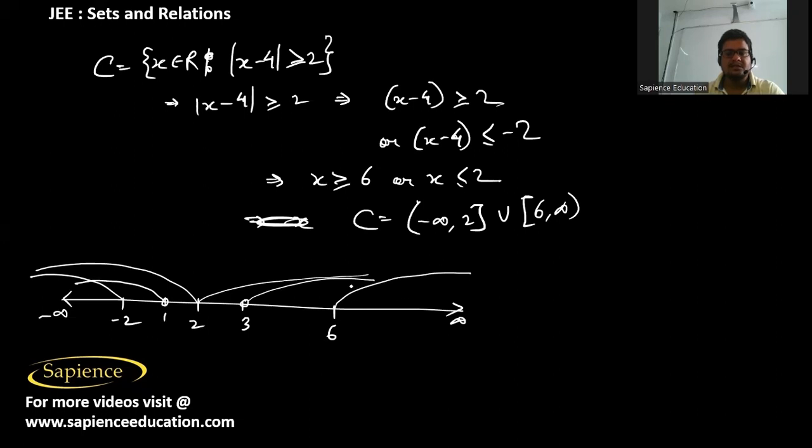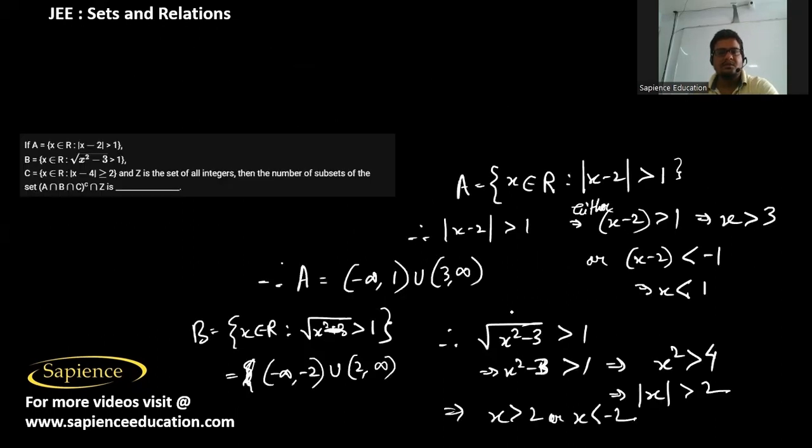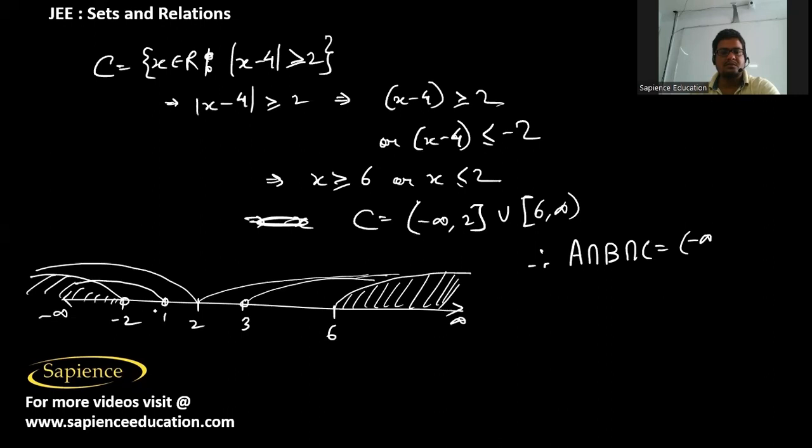So it means the intersection part of all the three sets is this region and this region. Therefore A intersection B intersection C is nothing but minus infinity to -2, here -2 is excluded, here 6 is included. So it is minus infinity to -2, here 2 is included, 6 is included.